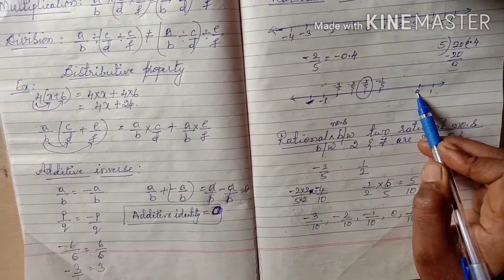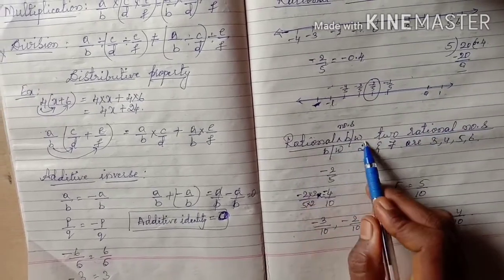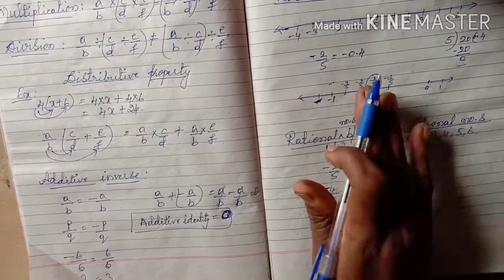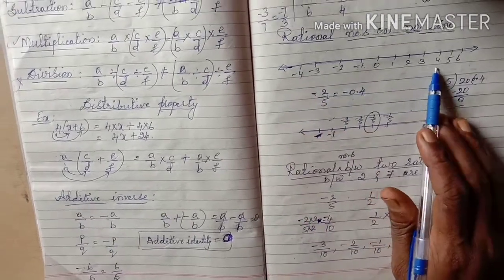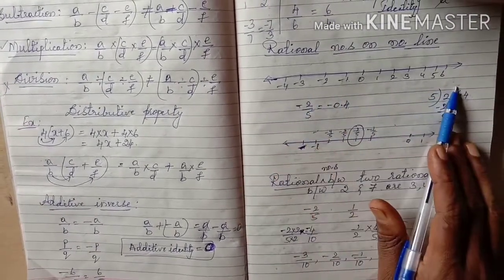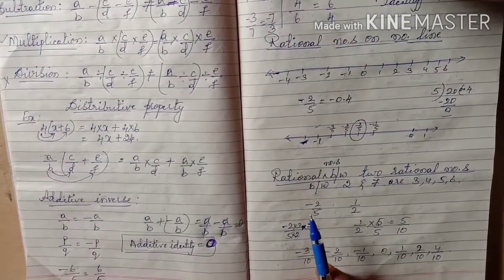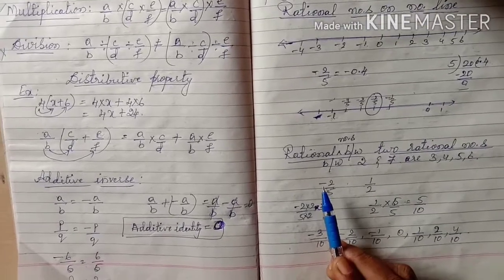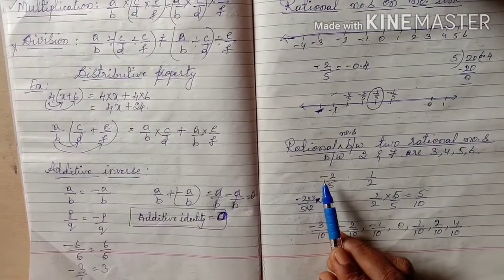Hope you understood, children. The next topic is rational numbers between two rational numbers. So how to find them? This is the example I have told, how to locate rational numbers on the number line. Now we can find rational numbers between two rational numbers.